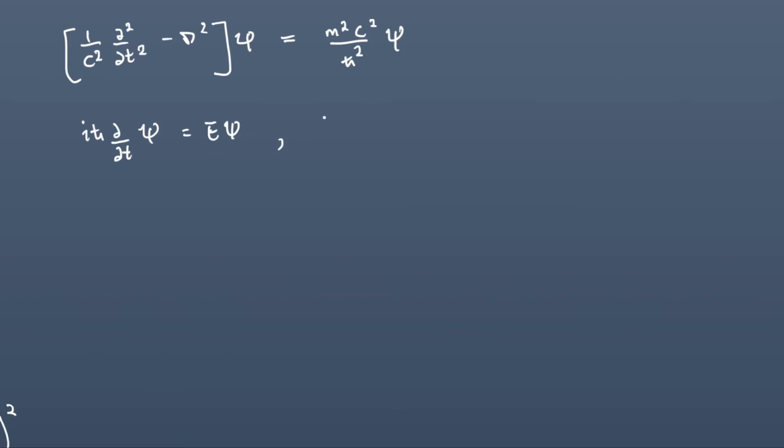And h over i d dx, times phi is equal to the momentum times phi. So what we have here is an operator associated with a number, right? This operator, i h bar d dt, is associated with our energy eigenvalue.